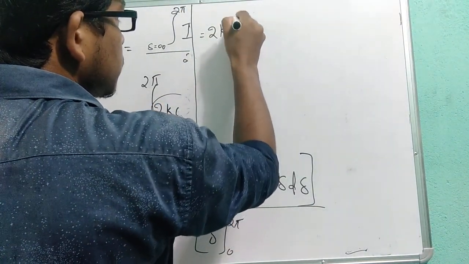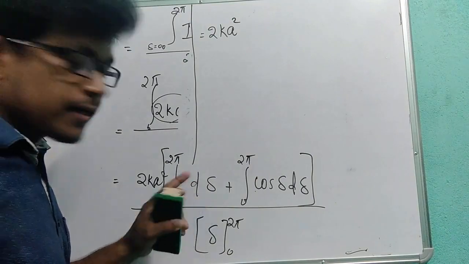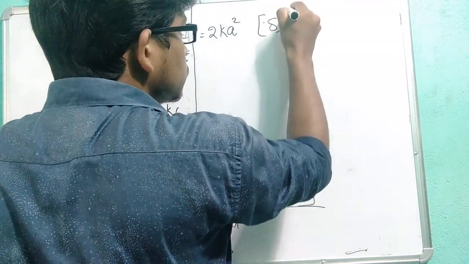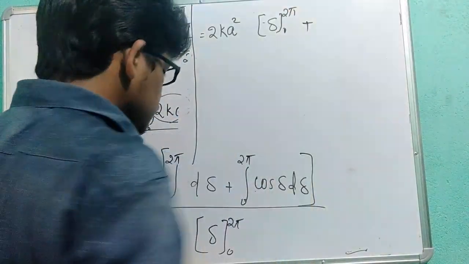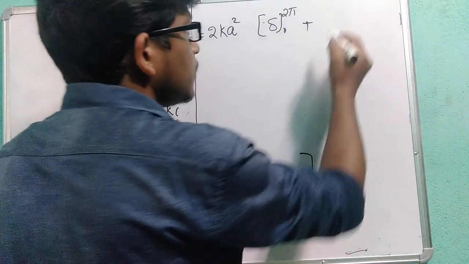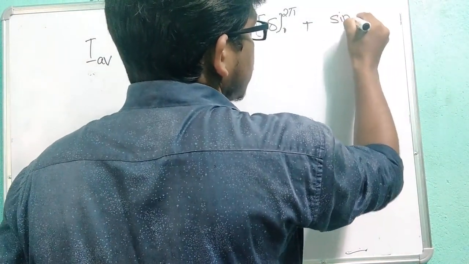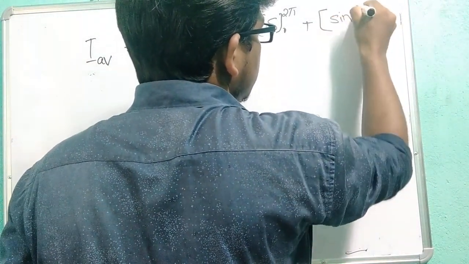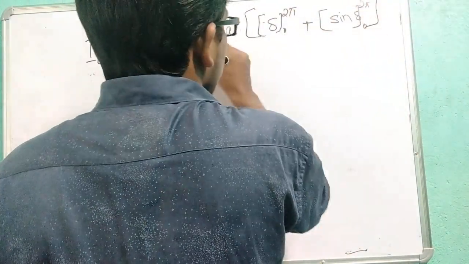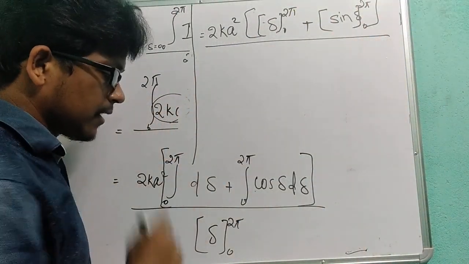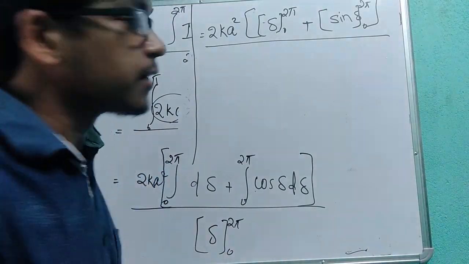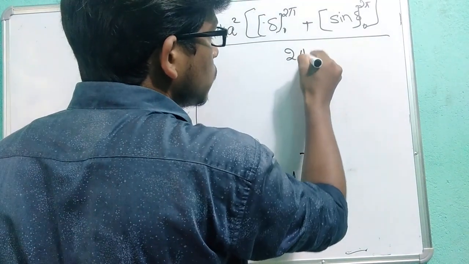The integration of d delta is nothing but delta with limit 0 to 2 pi, plus the integration of cos delta, which is nothing but sin delta, with limit 0 to 2 pi, divided by the total range. Limit 0 to 2 pi means 2 pi minus 0, that is 2 pi. So here I wrote 2 pi.